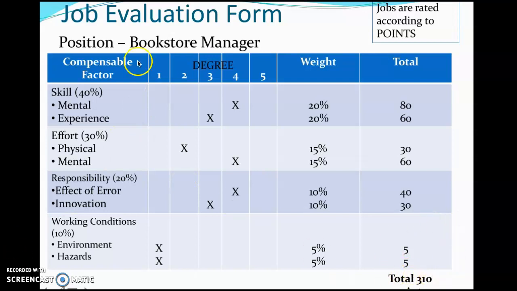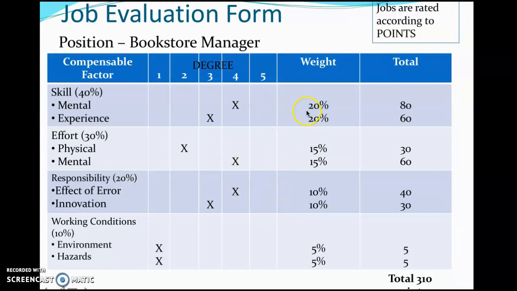Now let's say I was the bookstore assistant, and I might have been 1 and 1. So then this would have been 1 by 20, 20. You could see how immediately my number would be lower, and therefore this job would be ranked lower than if I was an assistant. If I was a bookstore area manager for 6 bookstores, again, these numbers might be 5 on 5, 4 and 5.